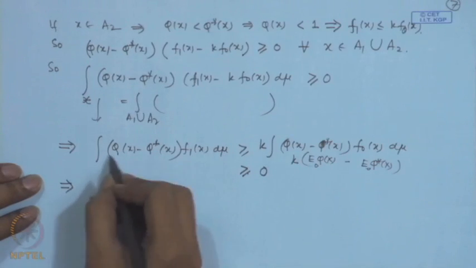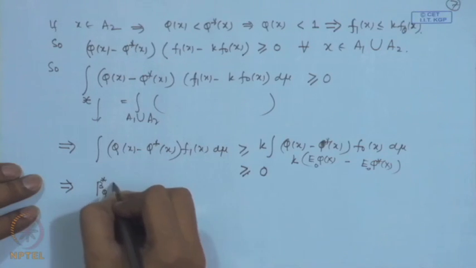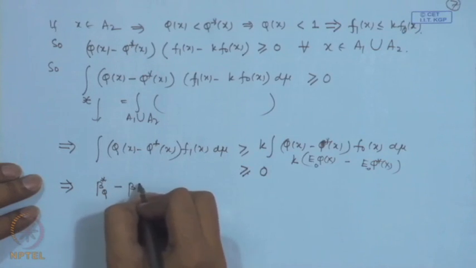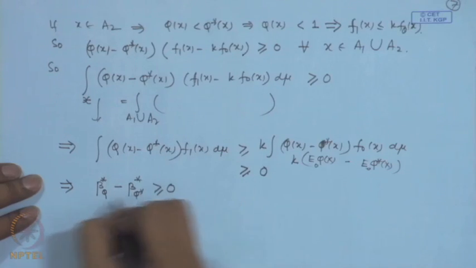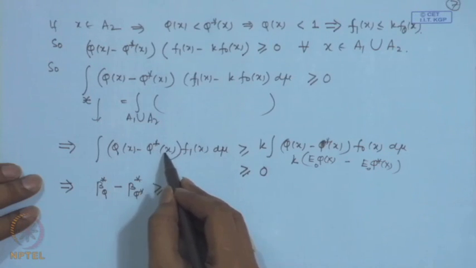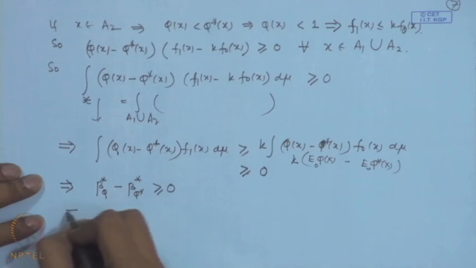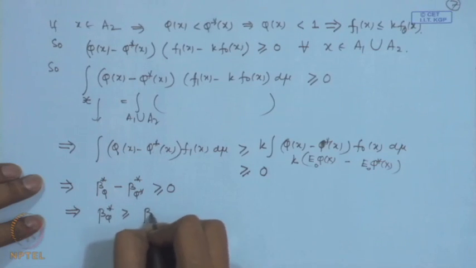Now, the left hand side is nothing but beta phi minus beta phi star, that is greater than or equal to 0. That is the power of the test function phi and this is the power of the function phi star. So, this means that beta phi is greater than or equal to beta phi star.